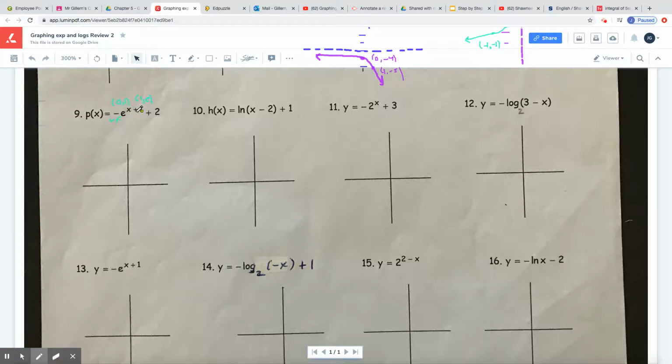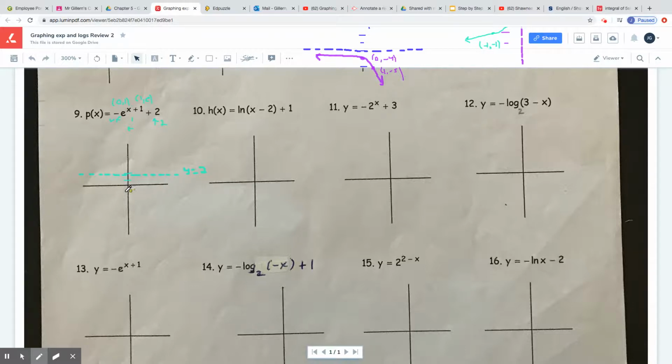We have a shift of 1 to the left, right? And we go up 2. Now this number right here in an exponential affects our asymptote. So we are going to have a horizontal asymptote at y equals 2.